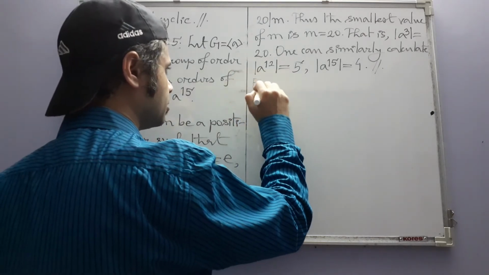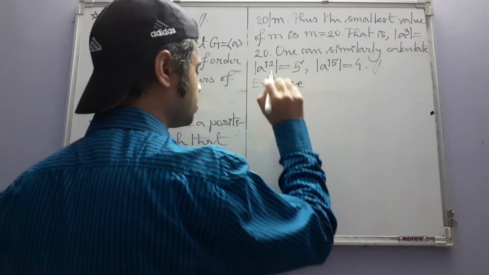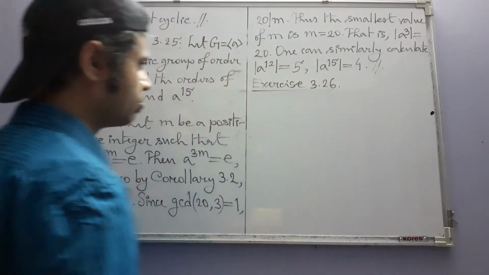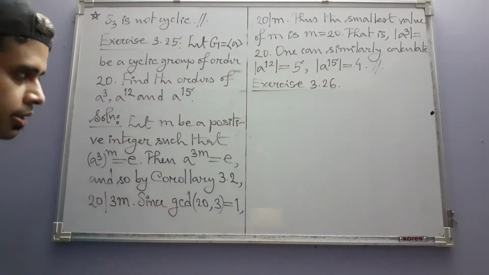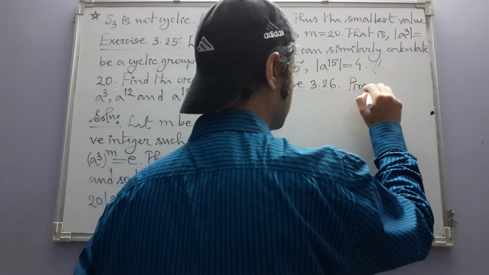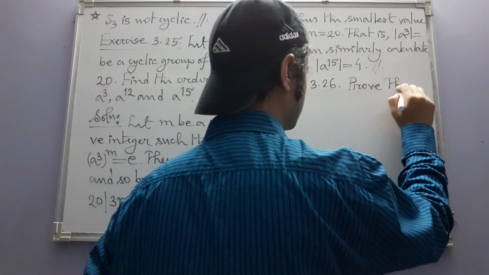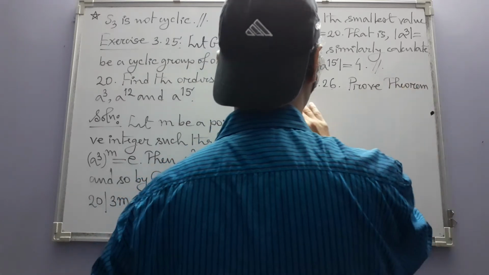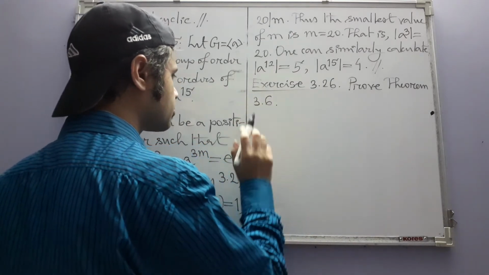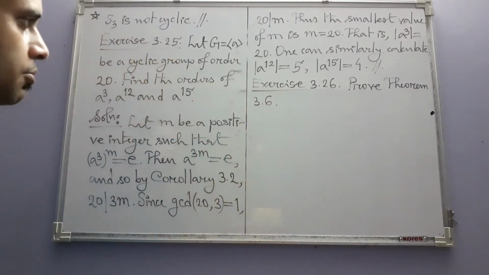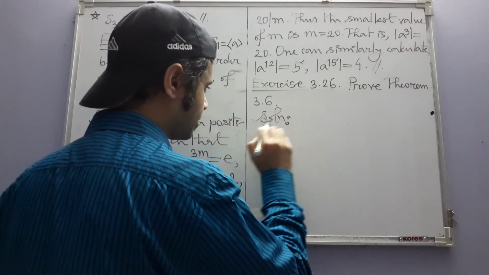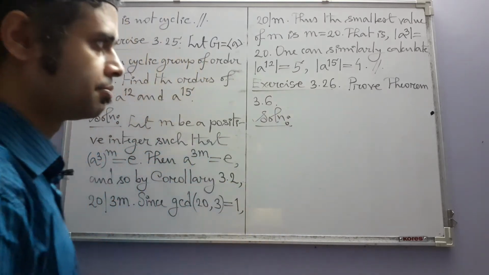Now the next one is actually those rules of exponents that I mentioned here. It is simply: prove theorem 3.6, whose content is just those rules of exponents. Now here I actually have proved it twice.